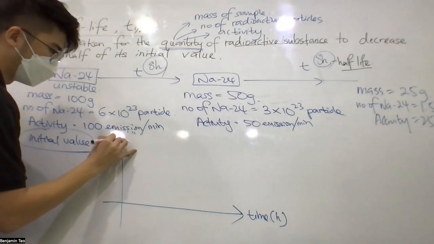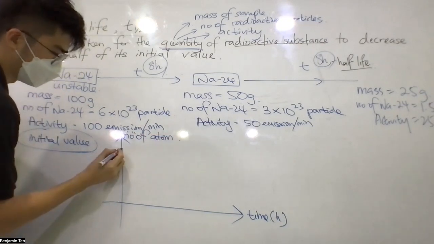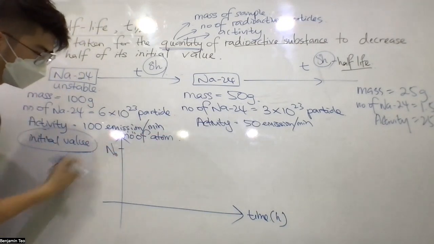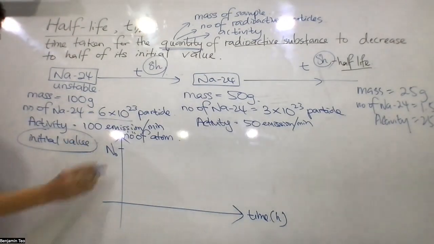Let's say the number of atoms. So we start with an initial number of atoms, N not, of 6 times 10 power 23.